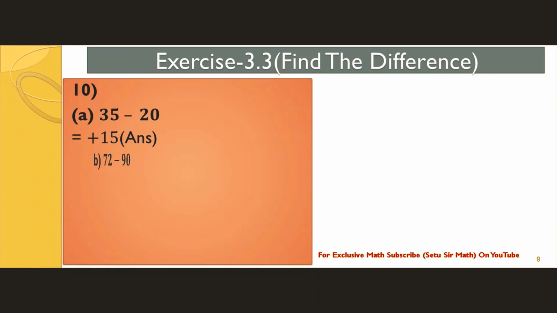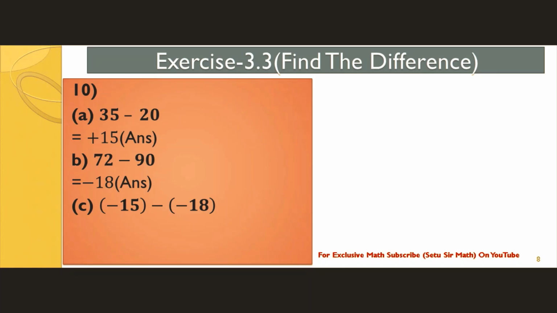Next math, 72 minus 90. In here the bigger number is 90 and this number's sign is minus. So -18 is the desired answer because the bigger number's sign is minus in here.